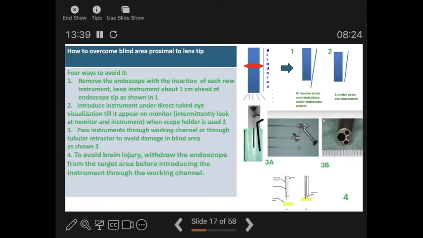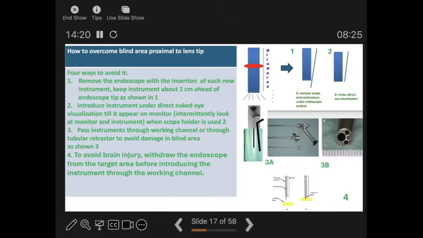There are strategies which can help avoid blind areas, and these are: first, remove the scope before inserting instrument when surgeon or assistant is holding the scope. Second, insert instrument under direct vision until it appears on the monitor when a scope holder is used.